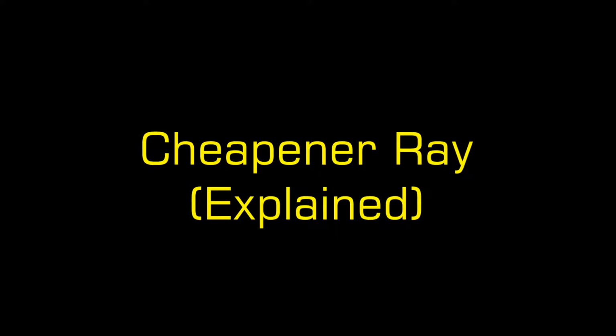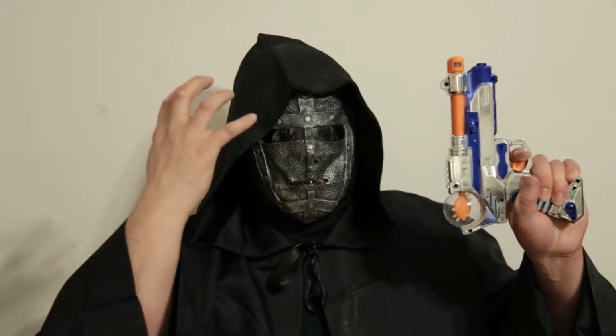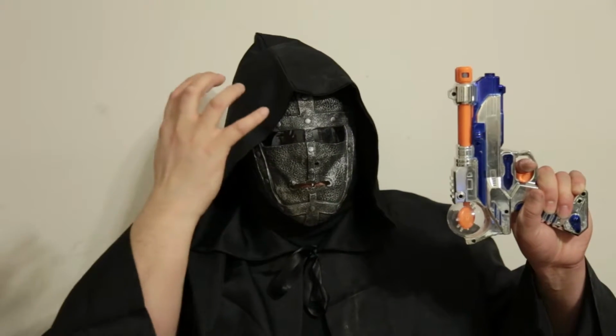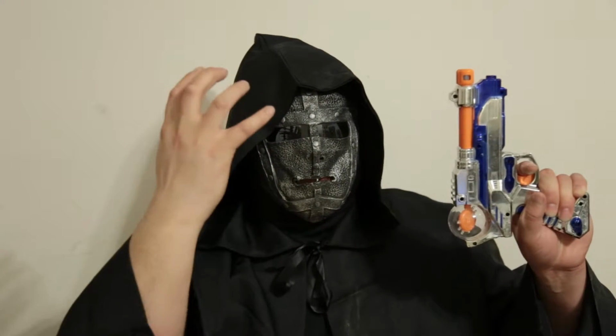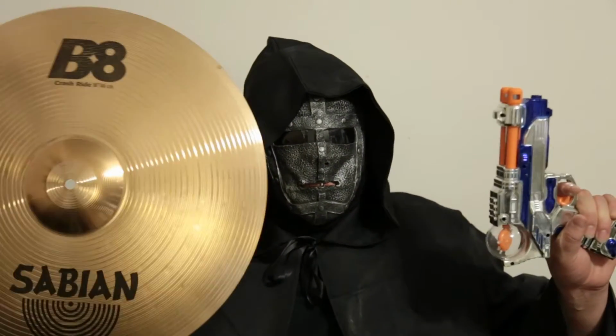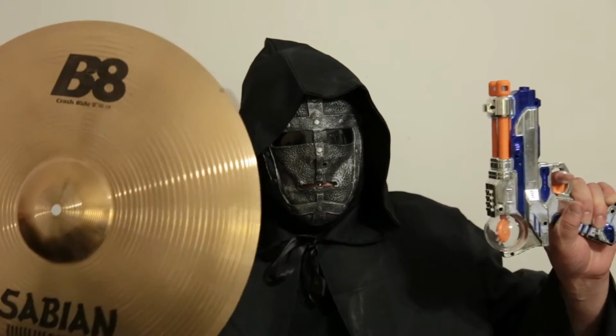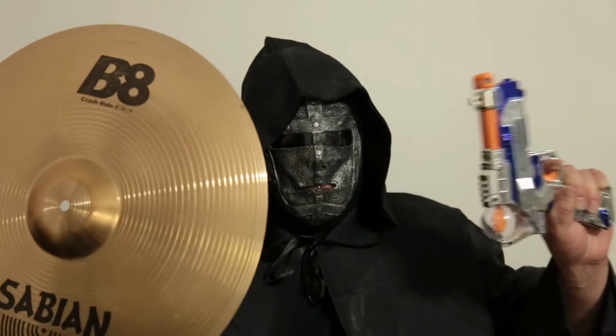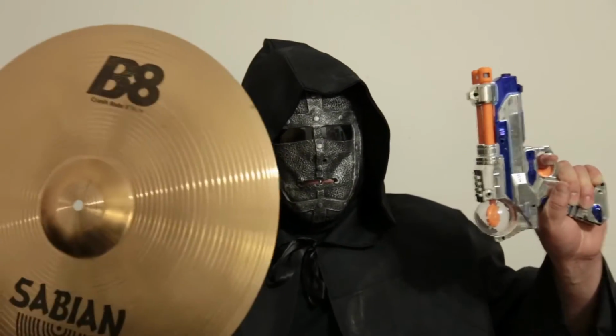Now, let me explain to you how it works and what it does. The Cheapener Ray has the power to transform any object into a less reliable and cheaper version of itself. For example, this is an excellent Sabian crash cymbal for an excellent low-end sound on a drum set. But I will now engage the Cheapener Ray.